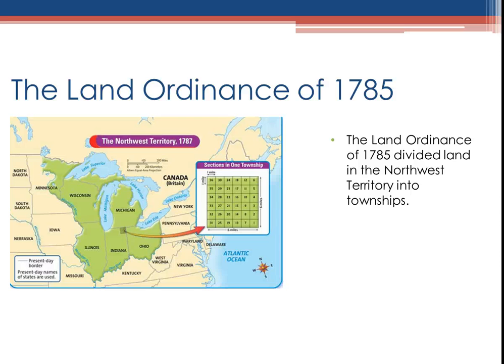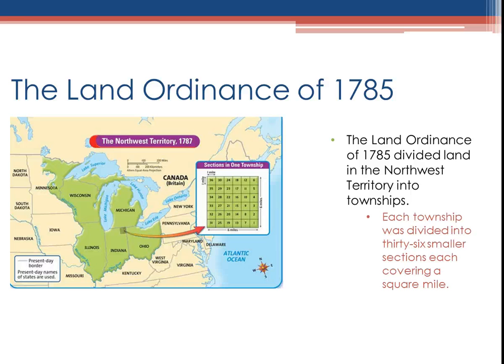The Land Ordinance of 1785, again, divided land in the Northwest Territory into townships. Each township was divided into 36 smaller sections, each covering a square mile. There you can see that cutaway from our map that shows each of the 36 sections within one township.